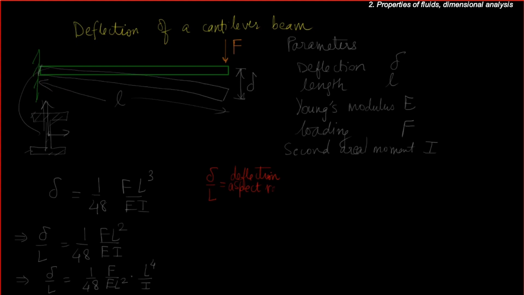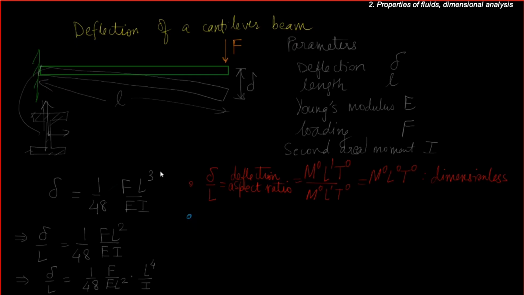That is the deflection it suffers at the end in the y direction compared to the length of the rod in the x direction. And therefore it is a ratio of two lengths, and hence it is dimensionless.